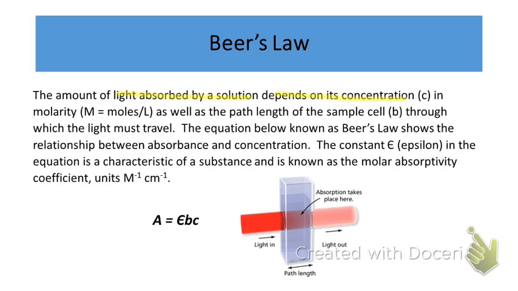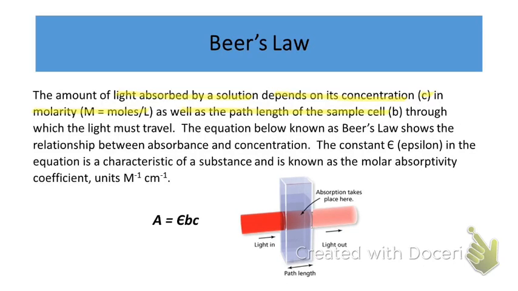The concentration, which in Beer's law is given the letter C, is in molarity, or moles per liter. All concentrations are in moles per liter, or molarity. It also depends on the length of the path of the sample cell. Remember we said that length earlier in our lecture video was going to come back to us and be important.